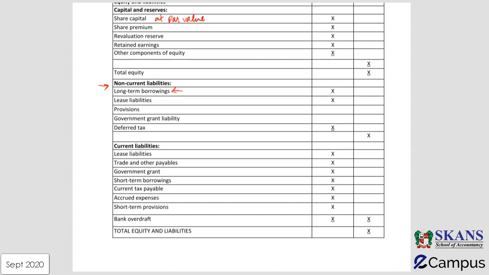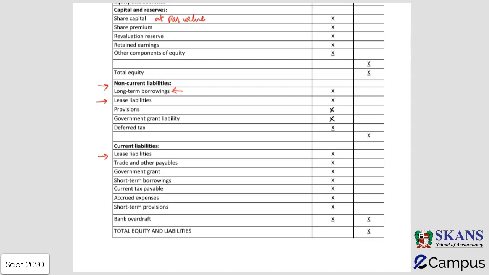Then you have lease liabilities, provisions. Let me just put missing figures over here. So you have lease liabilities. Then we come to the next figure, which is related to lease liabilities. The interesting point over here is that lease liabilities you can see in the non-current liabilities also and in current liabilities also.